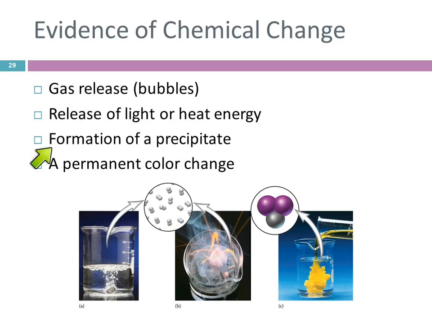If we see the formation of a precipitate, here's an example. We have this clear yellow liquid being poured into a colorless liquid, and we get a solid that's being formed. That solid wasn't there before. It's a new substance. There's a chemical change going on. If we see a permanent color change, that's also evidence of a chemical change.